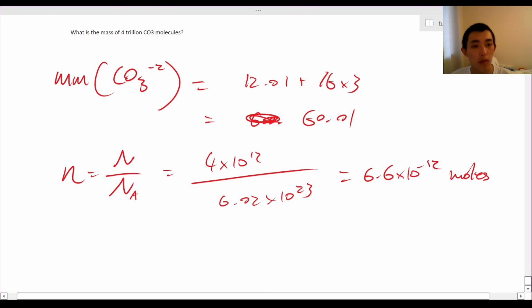Okay, so that's the number of moles of CO3 molecules that you have.